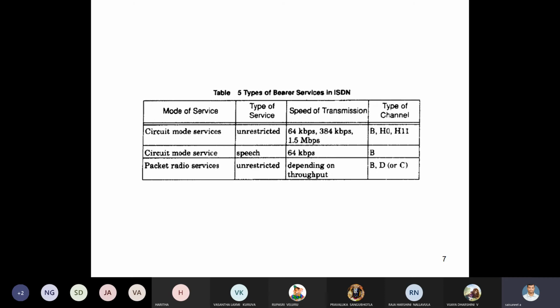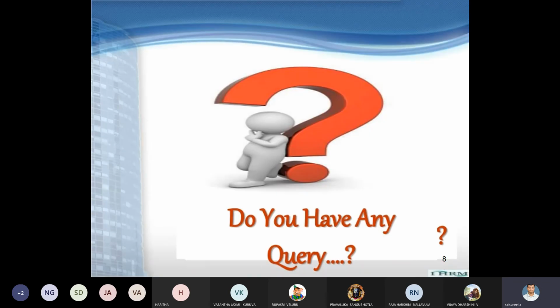Similarly, for circuit mode service with speech type of service, the speed of transmission is 64 kbps and the type of channel is B. And packet data service is unrestricted, it depends upon the throughput, and the type of channel is B, D, or H channels. These are the different types of bearer services supported by ISDN.